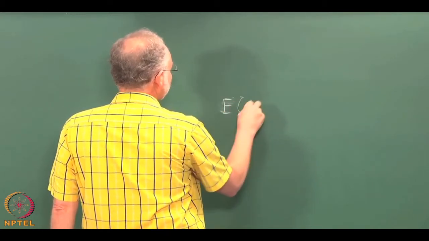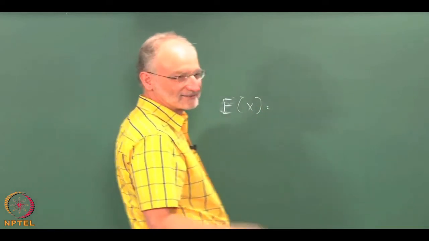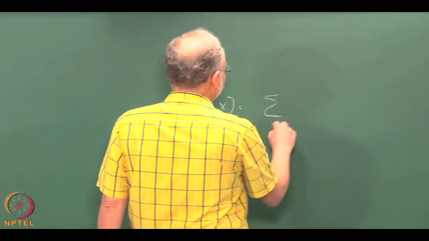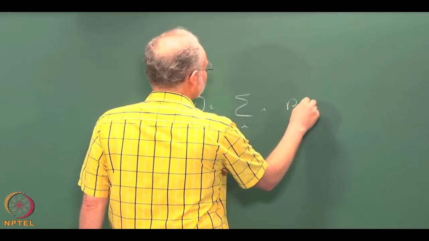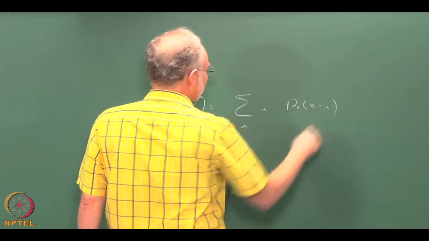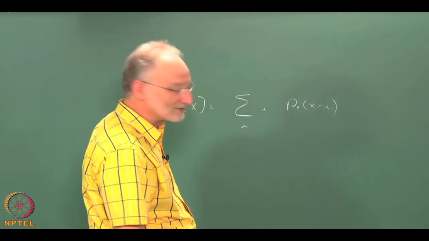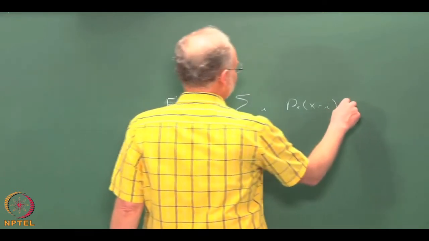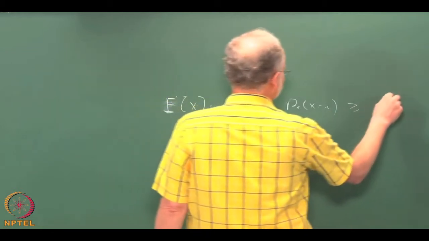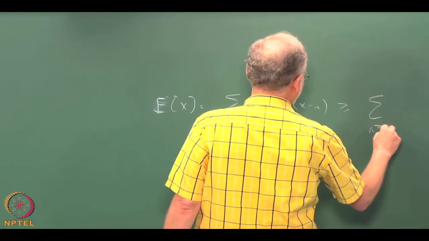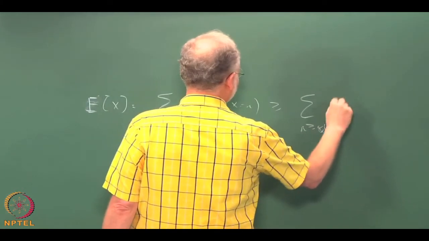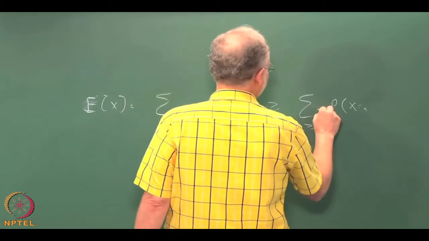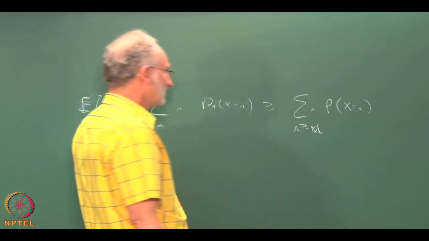the expectation of x, let's assume that it's a discrete random variable, so that's the sum over i of i times the probability that x equals i. Now let's do two simplifications. First, this is definitely greater than or equal to the sum just over i above A of i times the probability that x equals i.